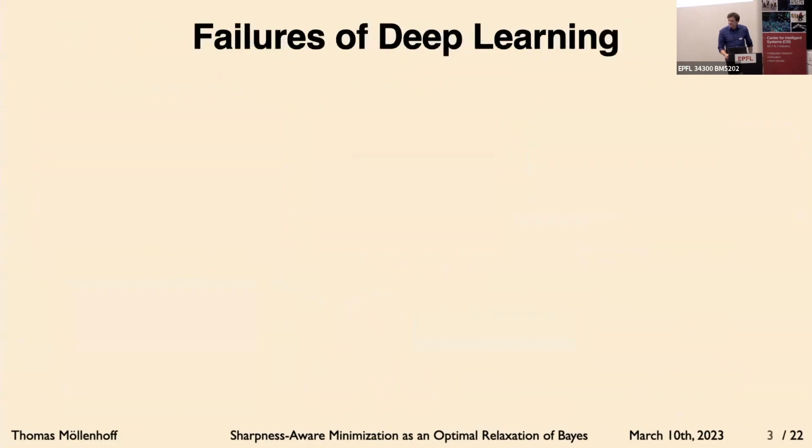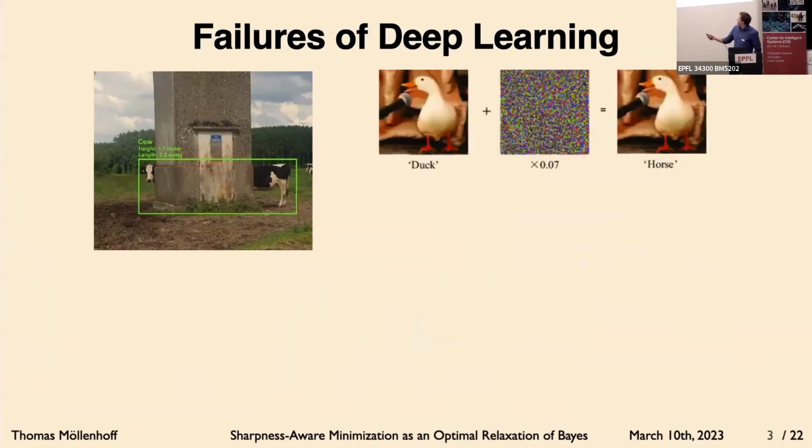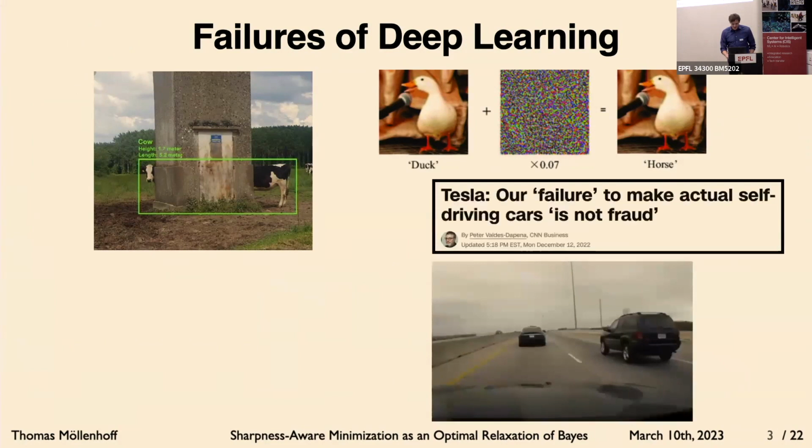But as we've seen yesterday, there's plenty of failures in deep learning. For example, some state-of-the-art image detector thinks that we have here a cow which is 5 meters long. We have these adversarial examples that we've seen yesterday. We add a little bit of perturbation to a duck and it becomes a horse.